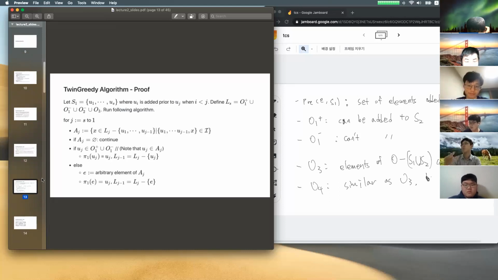But its proof was a little bit long and dirty, so I skipped this proof in the slide.